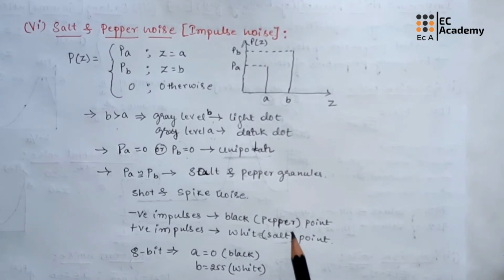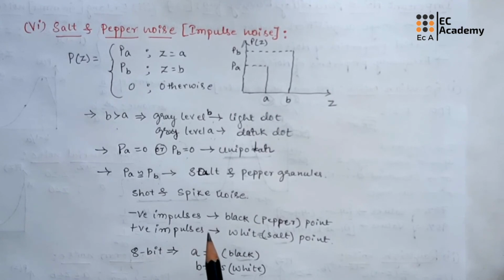So, that is why we call this salt and pepper noise. For an 8-bit image, A value will be equal to 0, that appears as black, and B value will be equal to 255, that will appear as white. The impulse noise or salt and pepper noise will appear when faulty switching takes place during imaging.